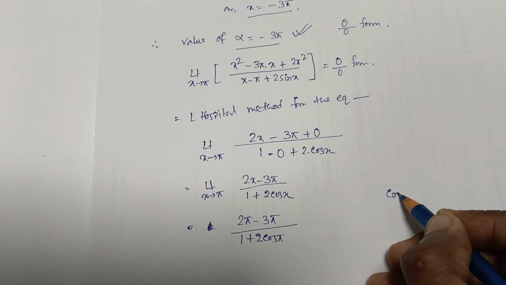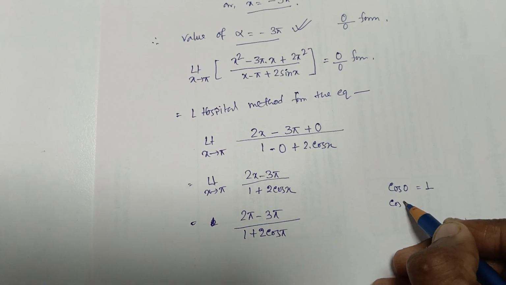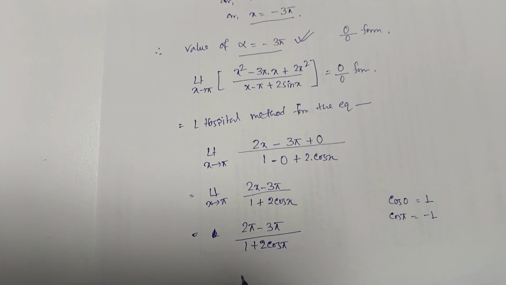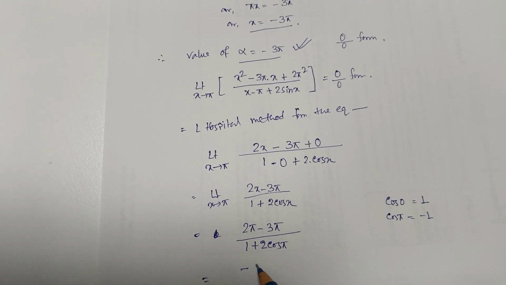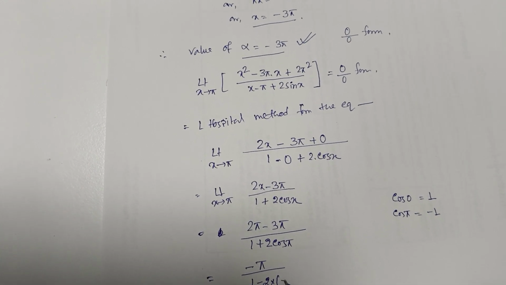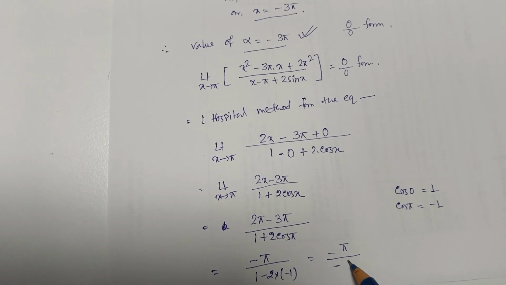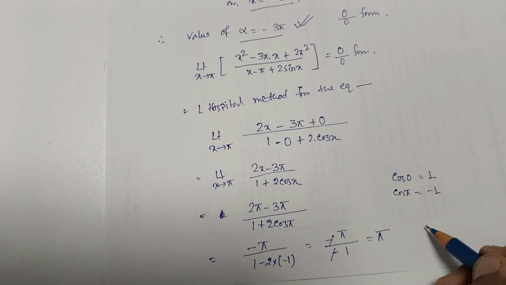We know that cos 0 gives 1 and cos pi gives minus 1. So 2 pi minus 3 pi is minus pi, by 1 minus 2 into minus 1, which is minus 1. So we get minus pi upon minus 1, and the minus signs cancel out. So we get pi.